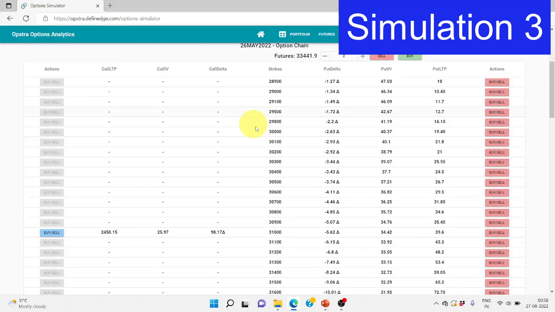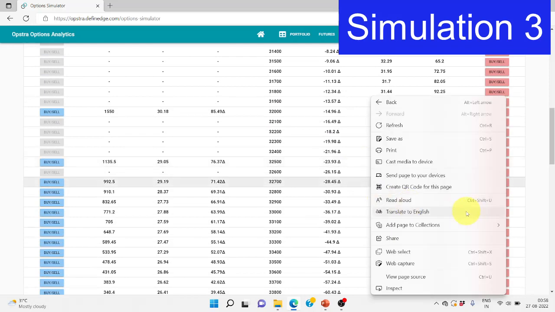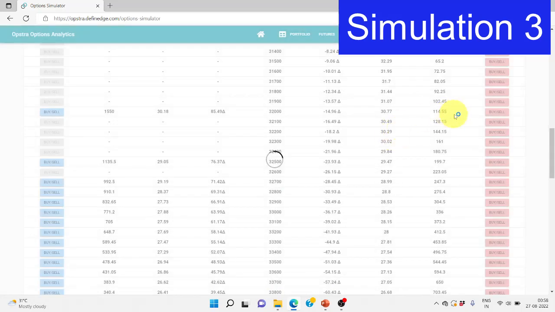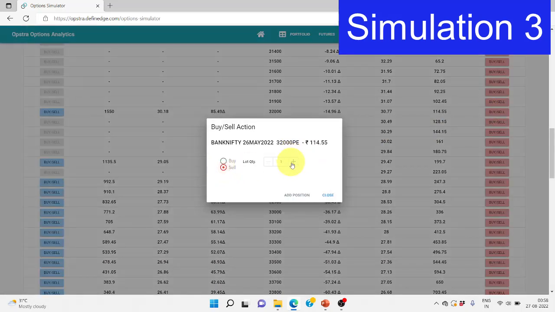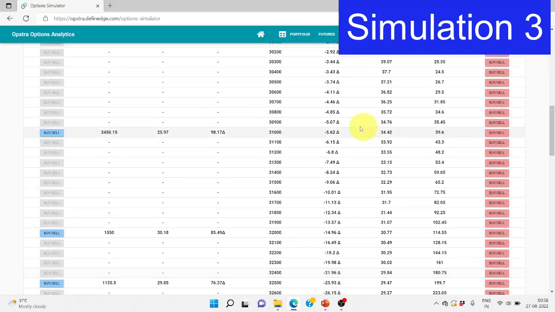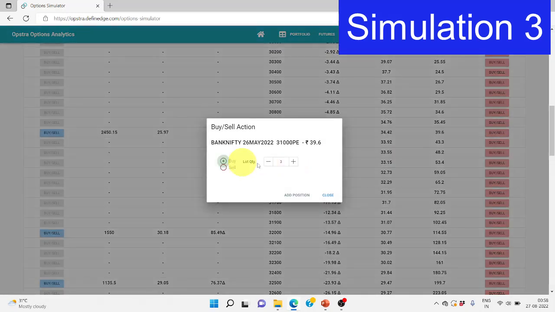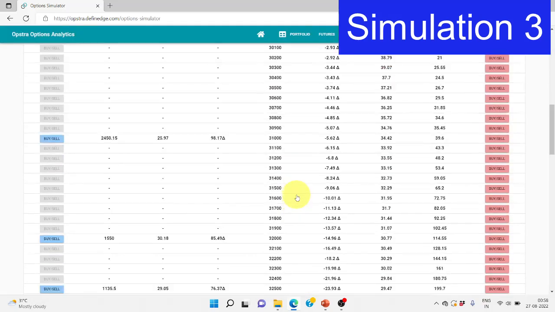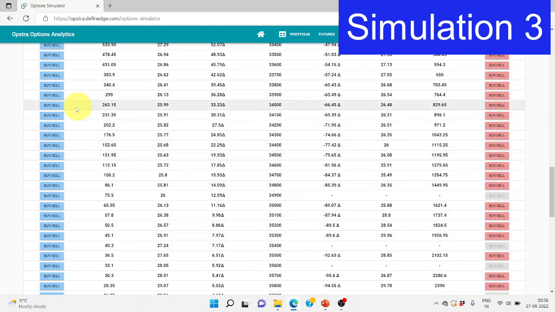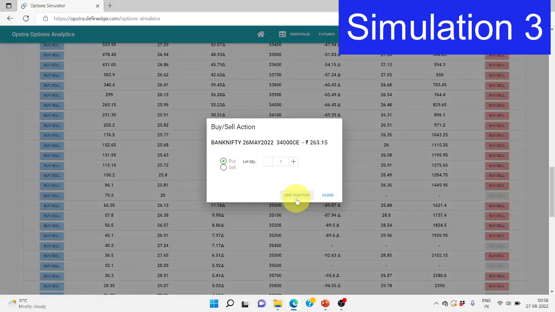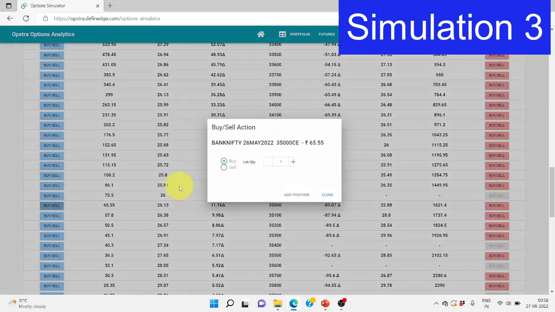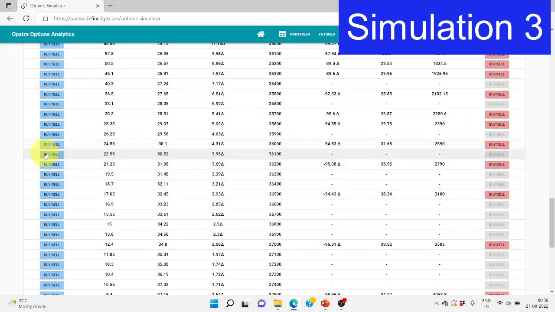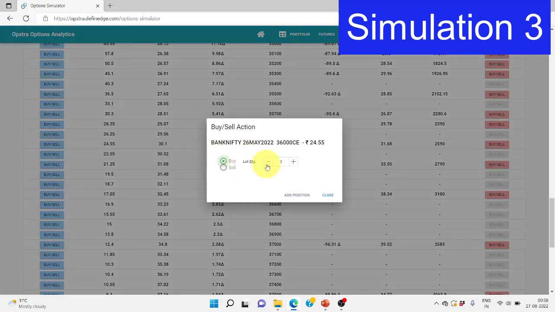So 33,500, so 33,000 we'll buy 1 lot, 32,000 we are selling 3 lots, 31,000 we are buying 2 lots, 34,000 we are buying 1 lot, 35,000 we are selling 3 lots, 36,000 we are buying 2 lots.